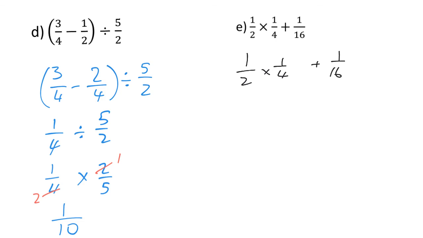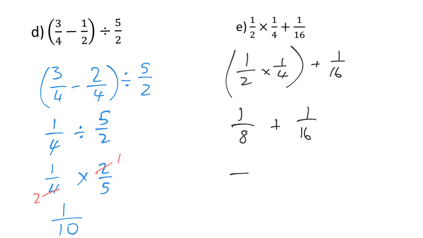There's nowhere we can cancel within this fraction, so we could put a bracket around it to make it more obvious, but there's nowhere we can cancel. So we multiply across the tops. 1 multiplied by 1 gives us 1. And 2 multiplied by 4 is 8, so it's going to be 1/8. And we're adding that to 1/16.